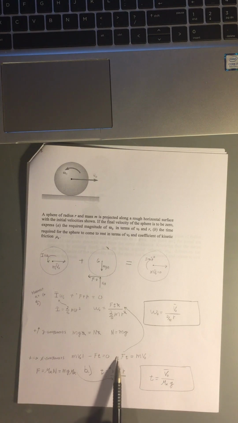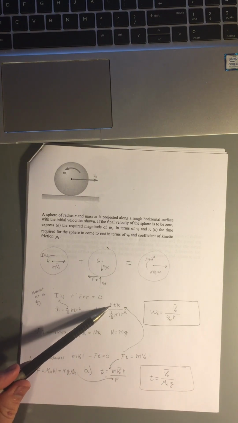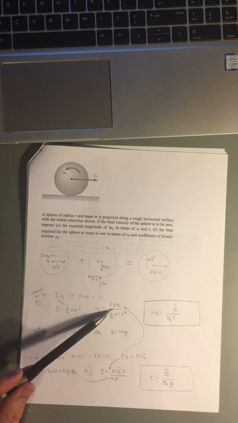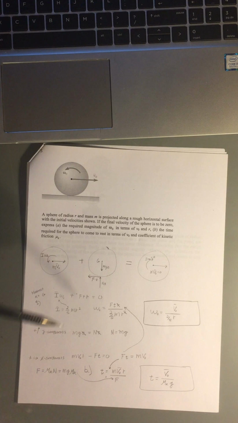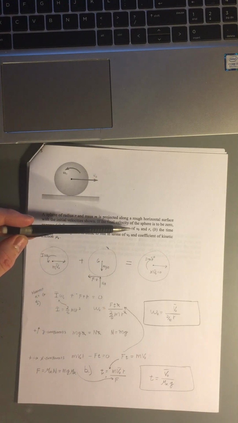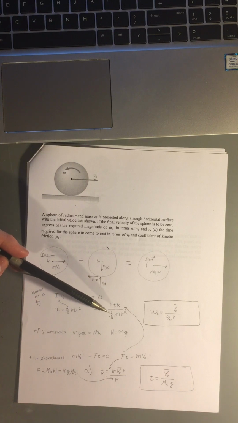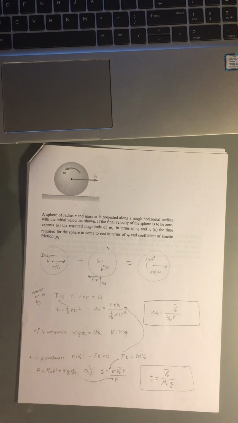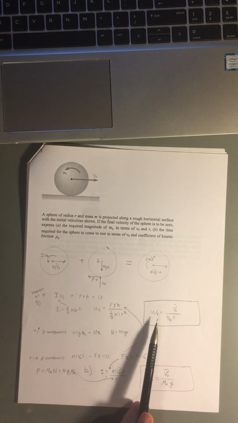We can plug this in for Ft in the earlier equation to remove this term and get the equation in terms of what the question asked for, v naught and R. Plugging that in, we can cancel the mass and one of the radius terms, which gives us our answer for part A.